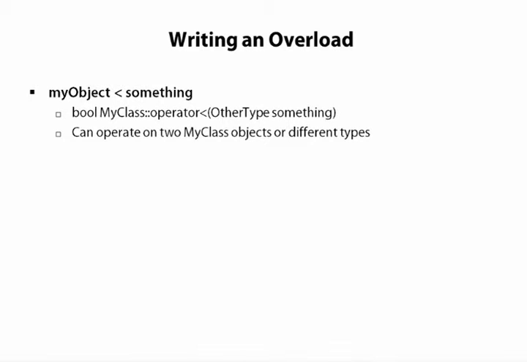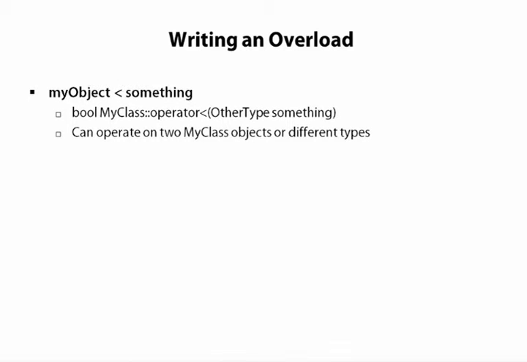So this is a member function of my class, and the parameter that it takes is of type other type, whatever it is I'm going to compare to. So if it makes sense to compare two dates, I might write an operator that just takes a date. If I'm going to say, is this order less than 100, then I guess I have to write an operator that takes an integer.